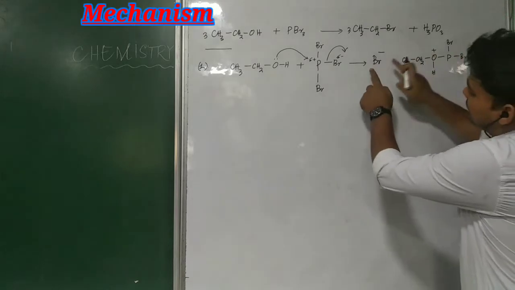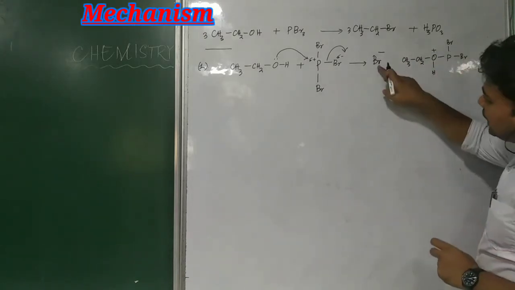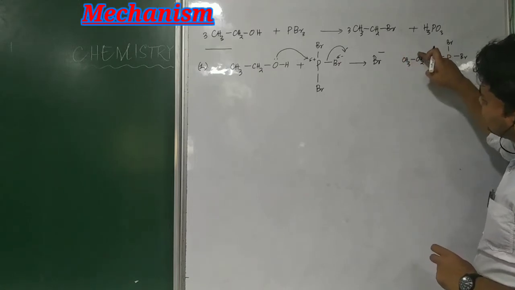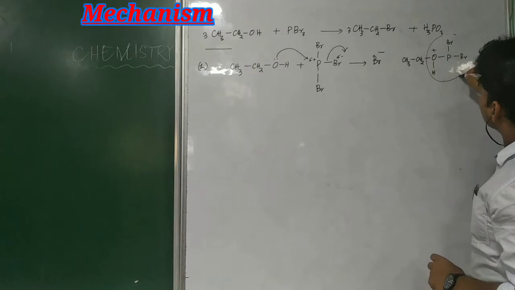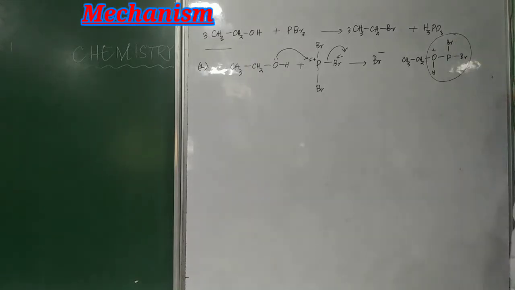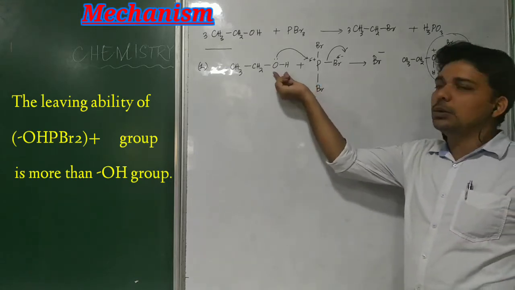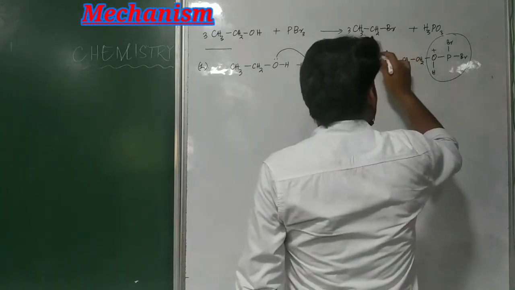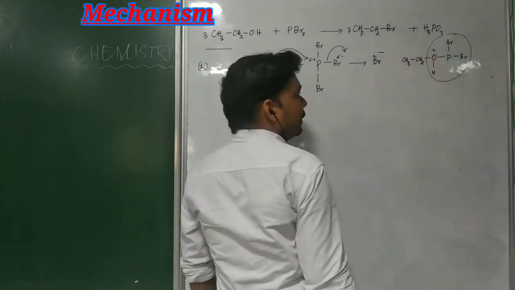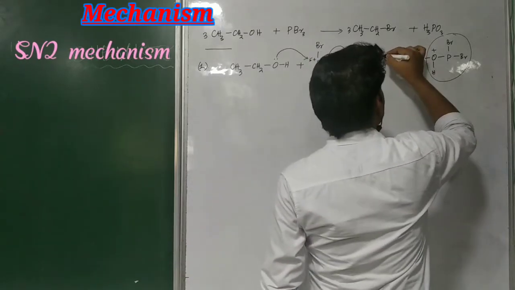Now this is the nucleophile and it is your substrate. This Br minus will attack this carbon center. The entire group here will act as the leaving group. The leaving ability of this group is more as compared to the simple OH group. When Br minus approaches this substrate, the reaction undergoes through SN2 mechanism.